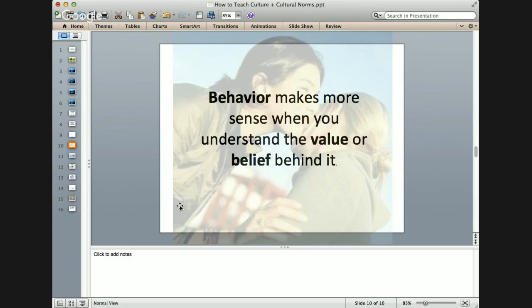Versus if I came from a culture where we kiss and greet each other all the time because our value is connection, that's just the way that we greet people, or we believe that physical touch is a way of communicating affection and just greeting. So there are different values and beliefs behind each behavior that you see.